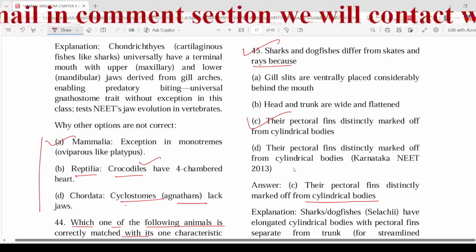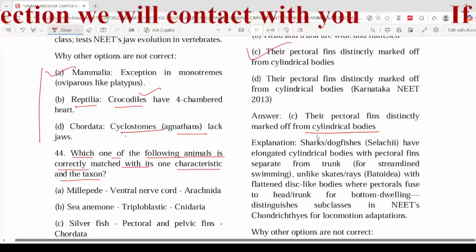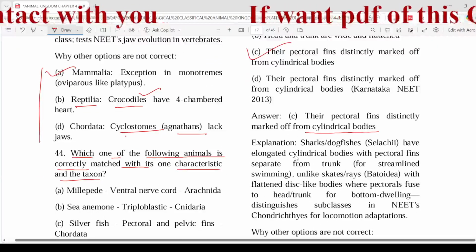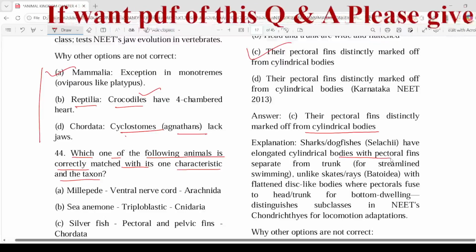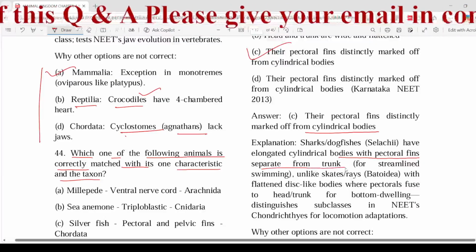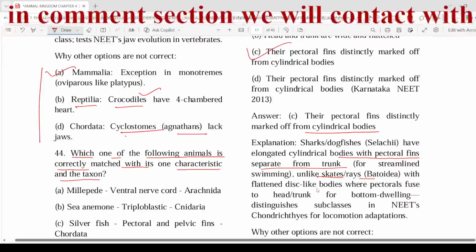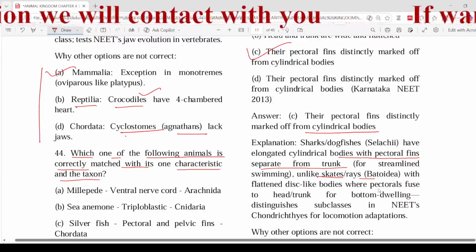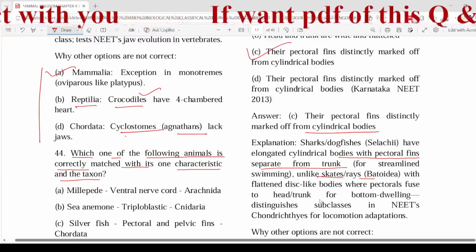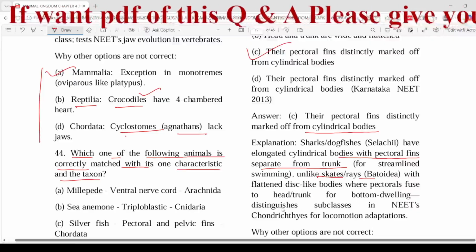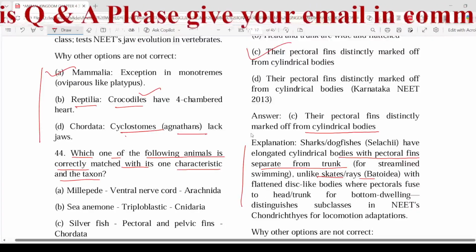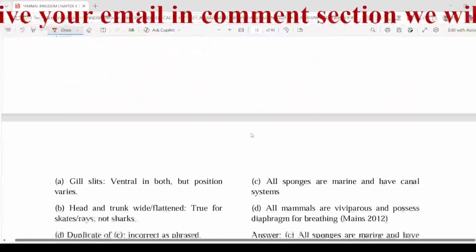So the explanation for this question: sharks or dogfish have an elongated cylindrical body with pectoral fins separate from the trunk and streamlined, unlike skates and rays with a disc-like body where the pectoral fins fuse with the trunk for bottom dwelling. So this is the correct explanation. But why are the other options not correct?